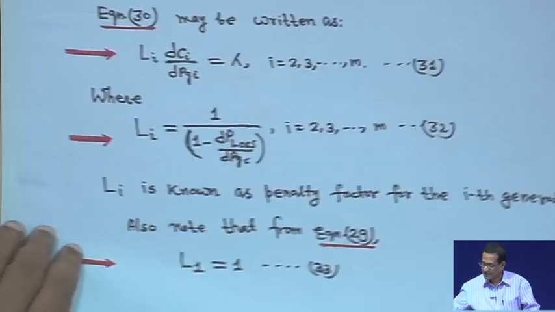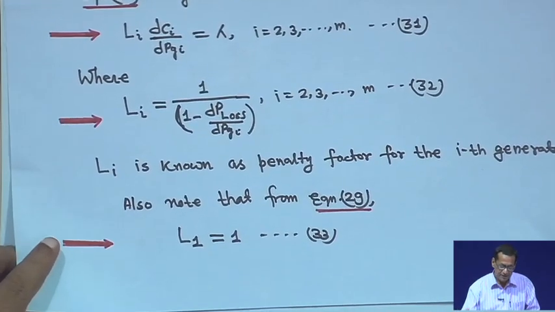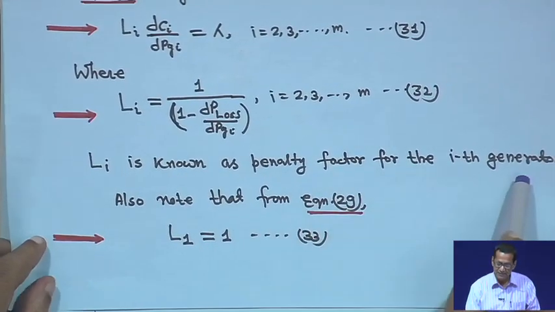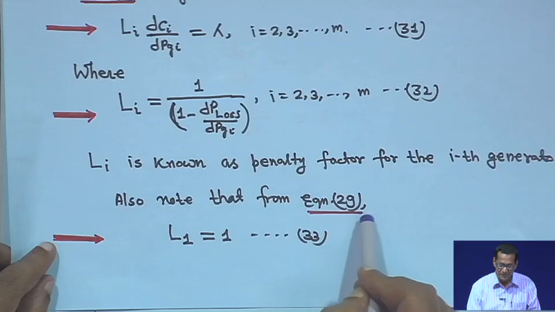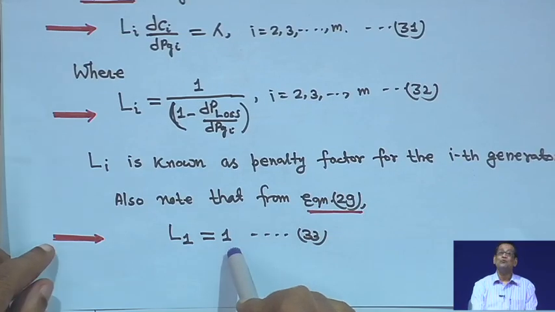That is why I have written here that Li is known as the penalty factor for the ith generator. Also note that from equation 29, L1 is equal to 1.